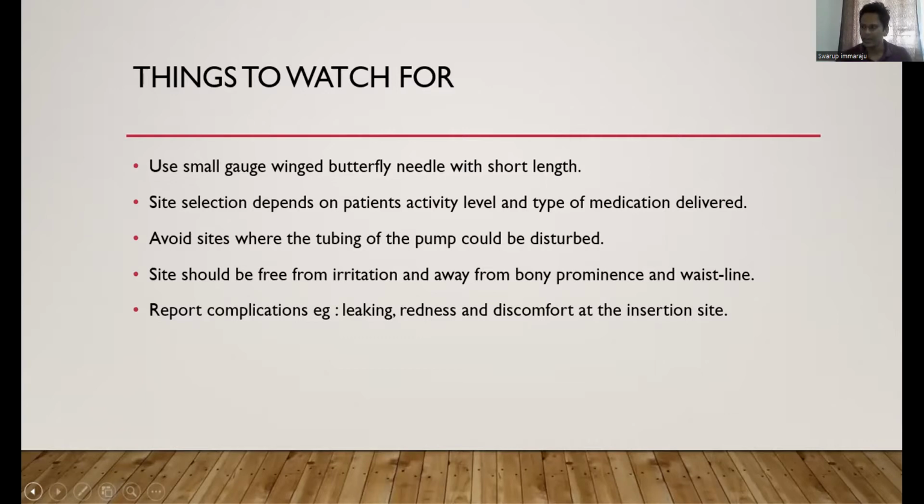And don't try to introduce a lot of drugs together. Just 1 ml or 2 ml is enough through that route in one push. It should be administered very slowly, with a small volume instead of larger volumes. Next slide, please.